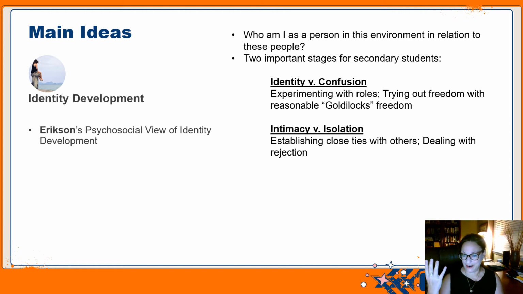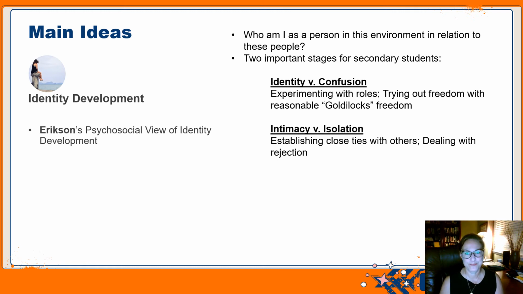So within an area that's not too restrictive and not too permissive. Students need that kind of Goldilocks environment to be able to try out their freedom, and that helps to create a sense of self, who I am, again, that person in this environment in relation to these people.